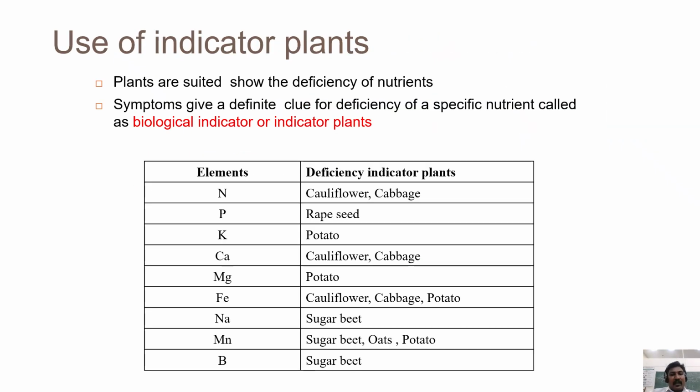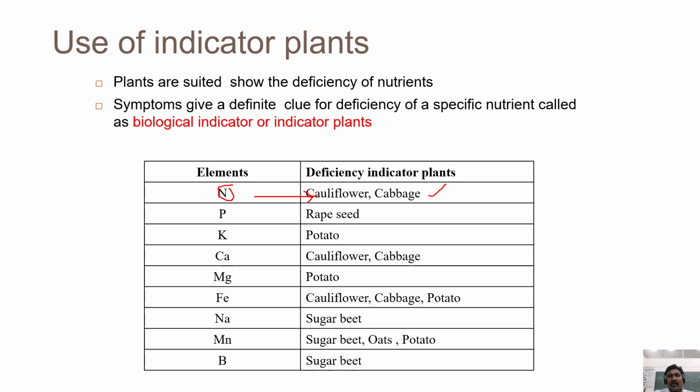Then the use of indicator plants. Some plants show definite deficiency symptoms of a nutrient. For example, nitrogen deficiency symptoms can be observed clearly in cauliflower and cabbage, so they give a clue about deficiency symptoms.